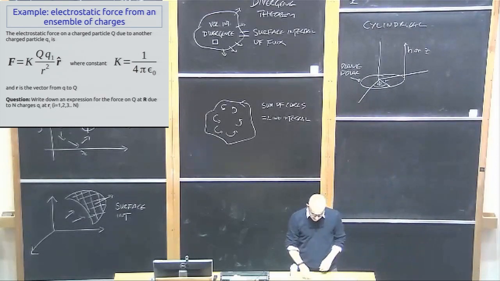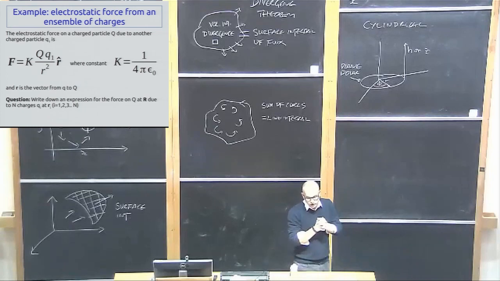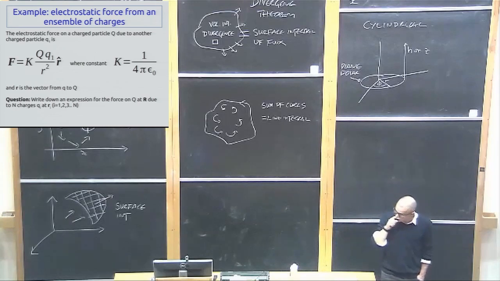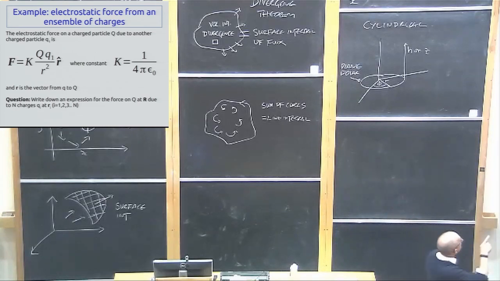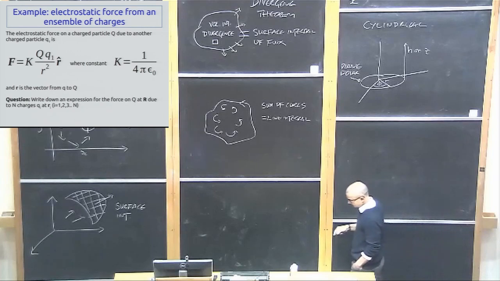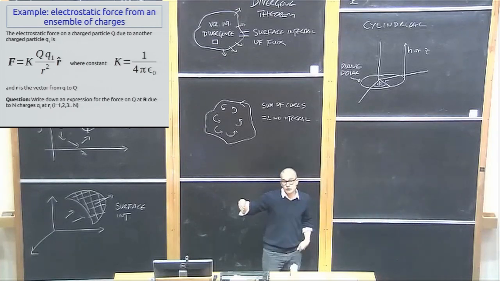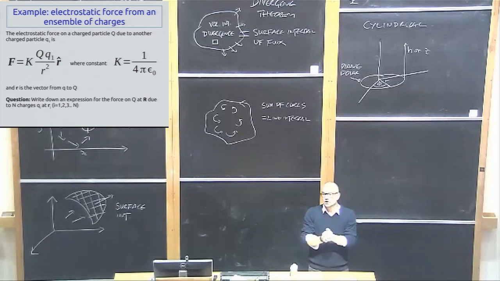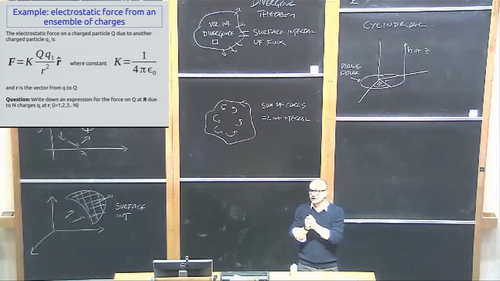So the question says, the electrostatic force on a charged particle Q due to another charged particle, small q, is given by F is K, which encapsulates the 1 over 4 pi epsilon naught, Q q, r hat, which is the unit vector in the direction between the two charges, divided by r squared, which is the distance between them. And actually, as we'll see later on in the course, this is nice. This is a manifestation of a conservative field, which is the gradient of the electrostatic potential.